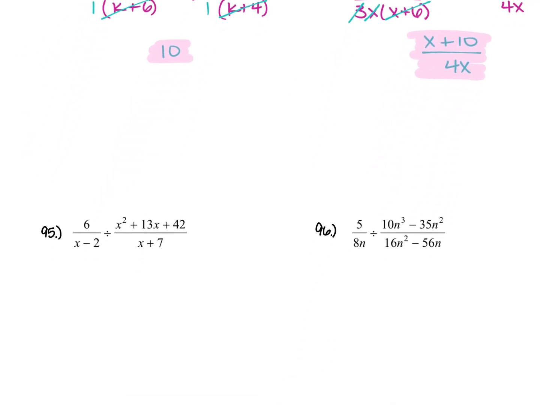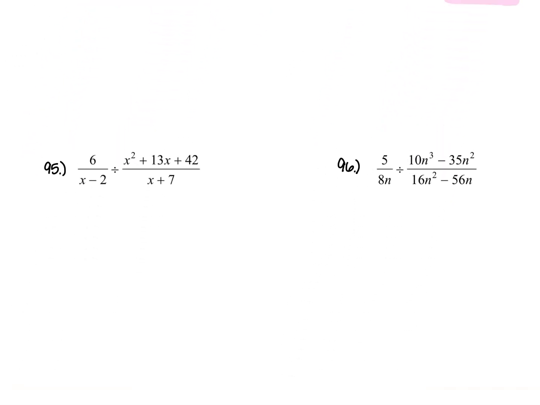For 95, we have 6 over x minus 2 divided by x squared plus 13x plus 42 all over x plus 7. Your numerator of the second fraction factors with factors of 6 and 7. So this is 6 over x minus 2 times x plus 7 over x plus 7 times x plus 6.